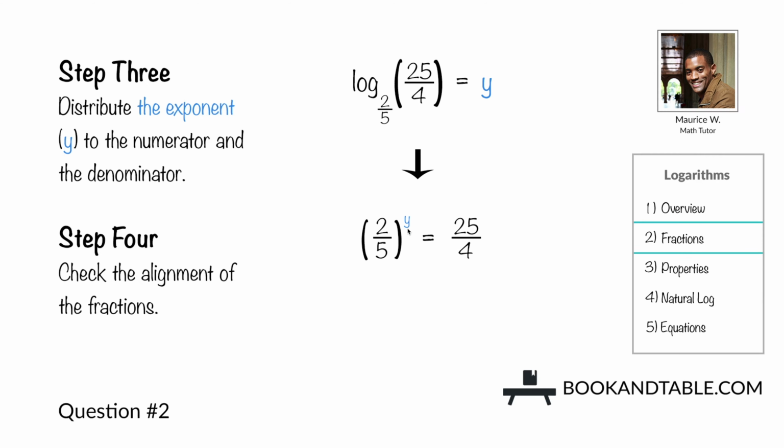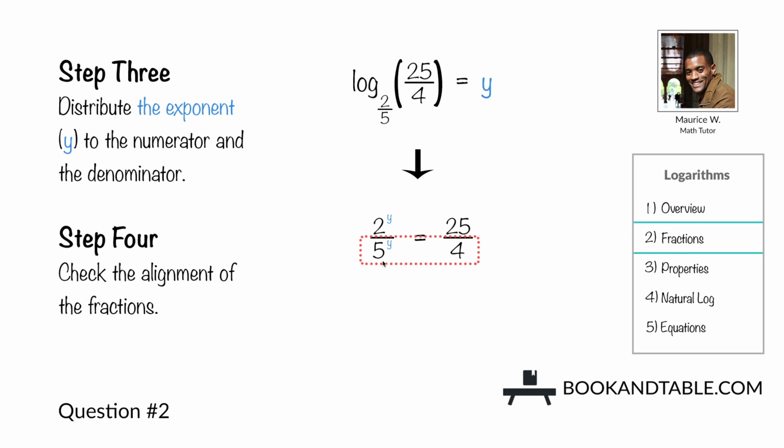And now step 3, we want to distribute the exponent y to the numerator and the denominator, giving us 2 to a power of y over 5 to a power of y is equal to 25 over 4. And now when we check the alignment of the fractions, we see that this base of 2 cannot get a product of 25.